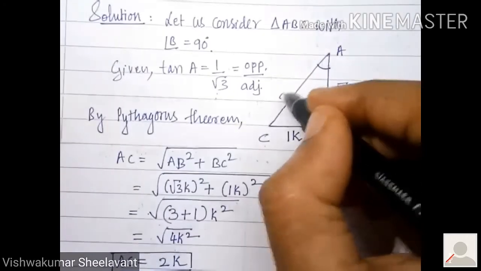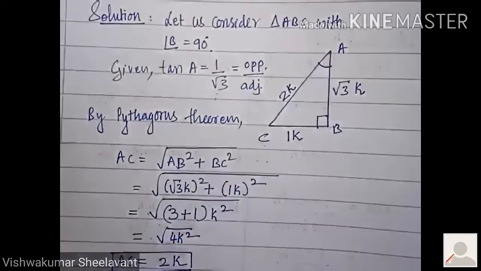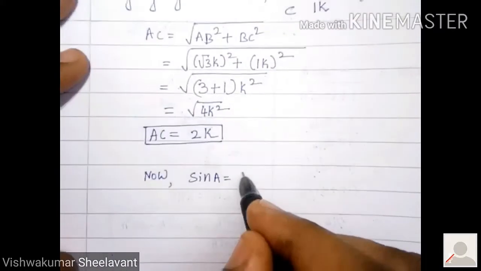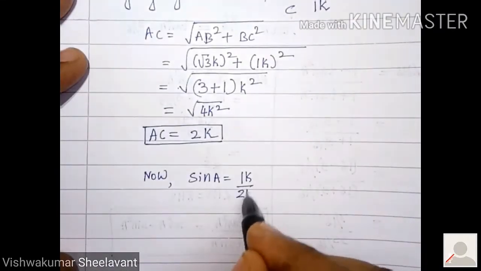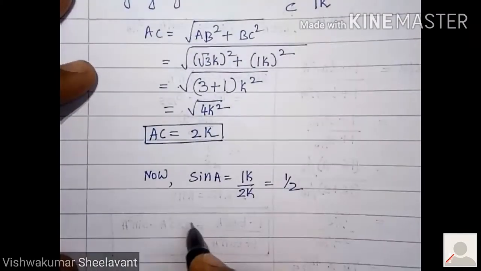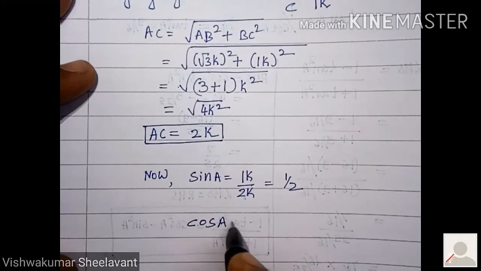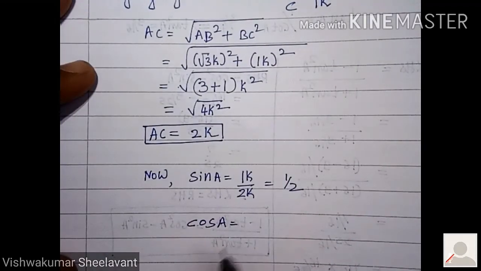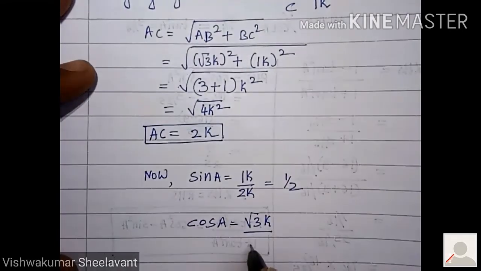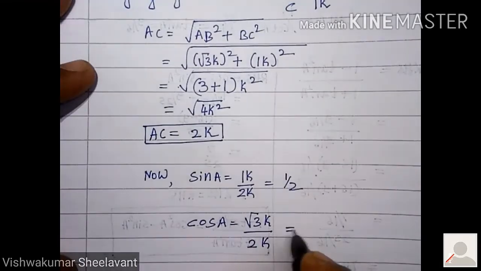Hypotenuse is 2K. So you will get 1K by 2K, that is equal to 1 by 2. Similarly, calculate cos A. Cos A is root 3K divided by 2K, that is equal to root 3 by 2.